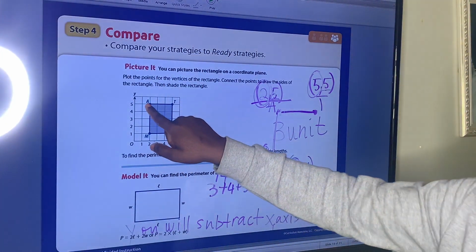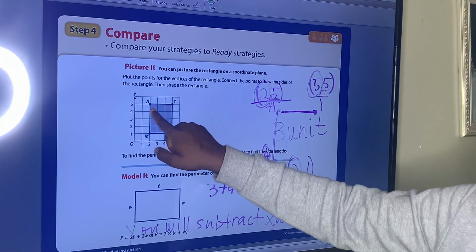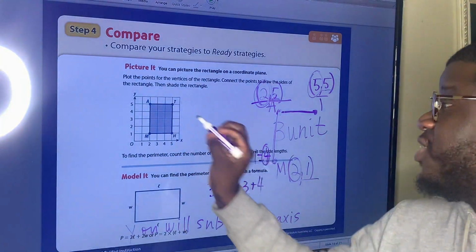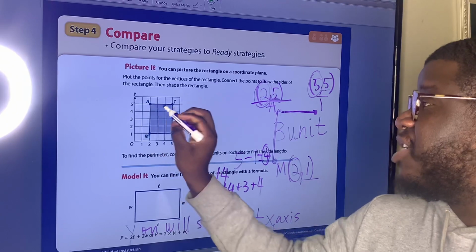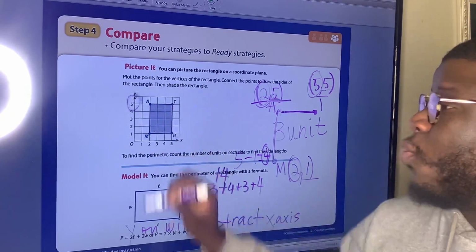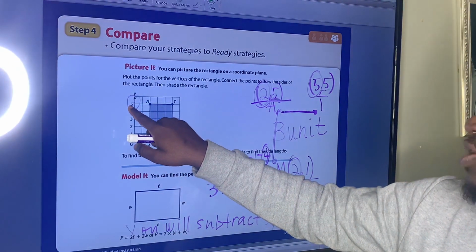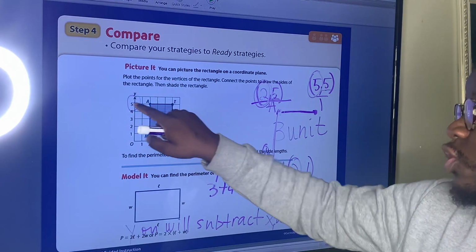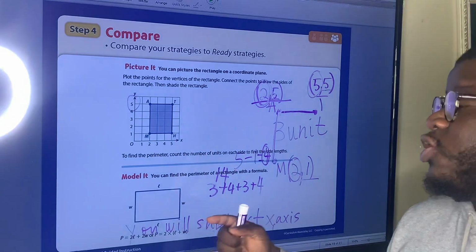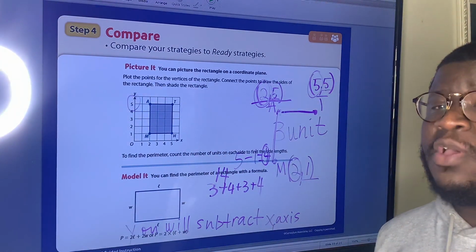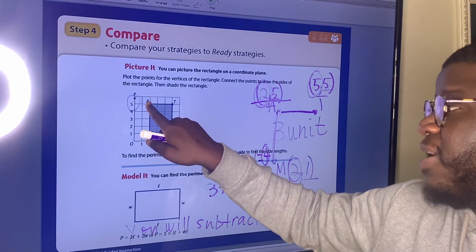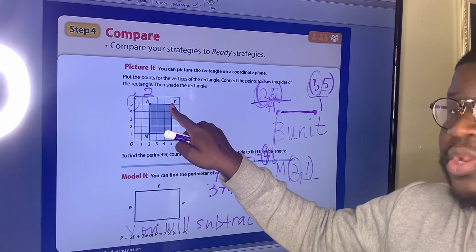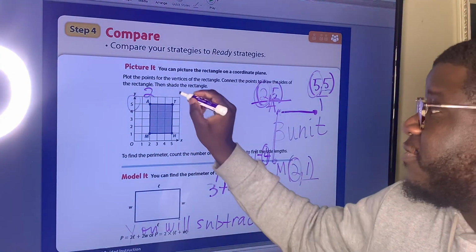How can I find the length of AT, or the distance between A and T? Well, as we stated earlier, A and T share the same y coordinates. The y coordinate for A was 5. The y coordinate for T was also 5. So now I need to ask myself, what are the x coordinates? The x coordinate for A was 2. The x coordinate for T was 5.